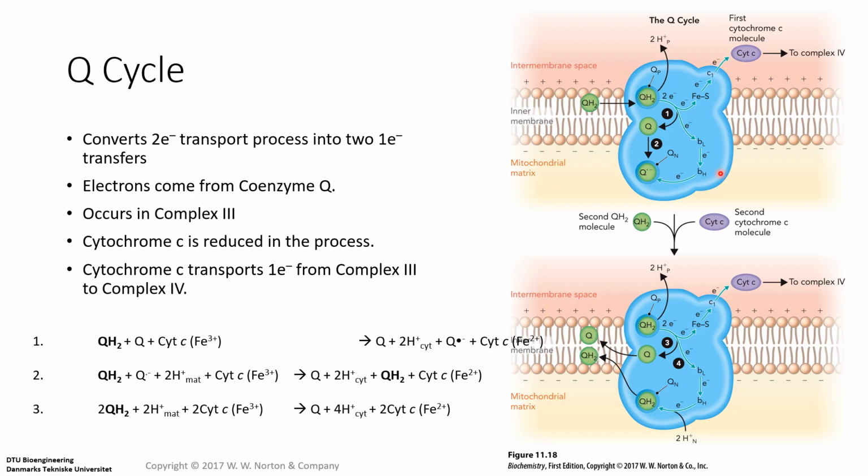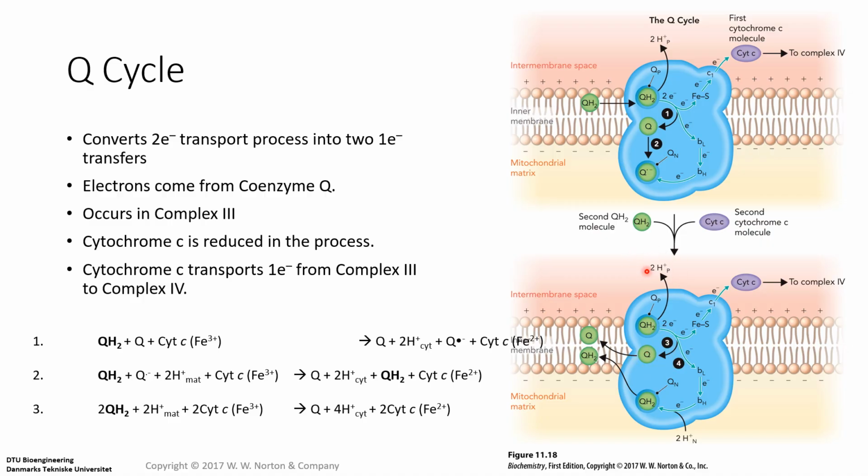So this is the first round. So we have at least 2 ubiquinols coming from the other elements into this complex. The second ubiquinol molecule again comes into a cycle here, and again this is oxidized into ubiquinone.